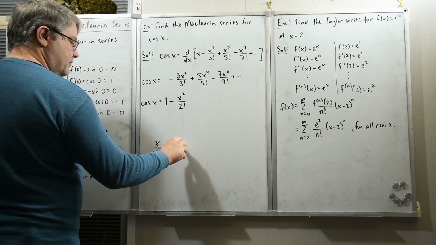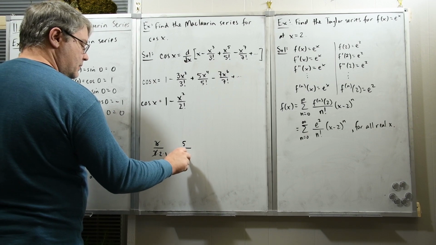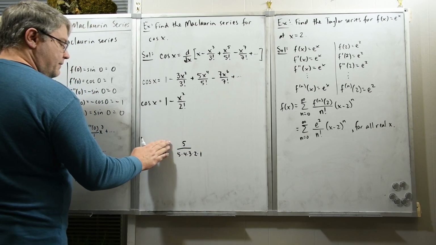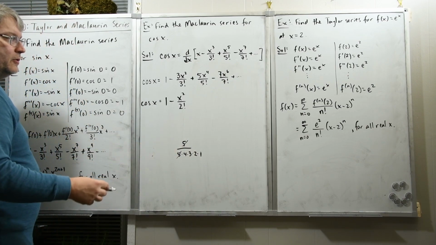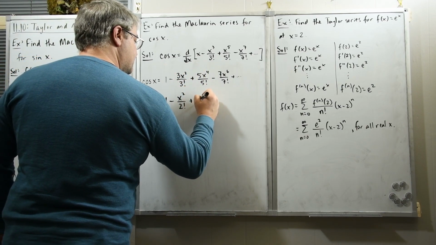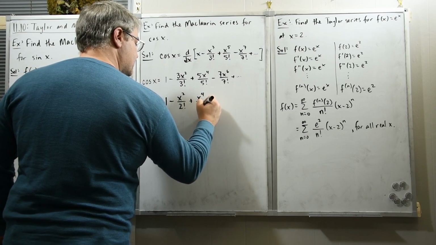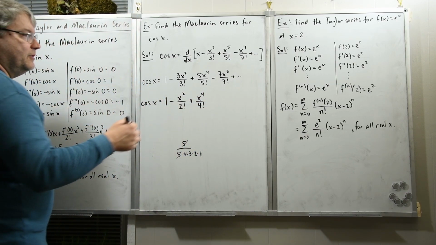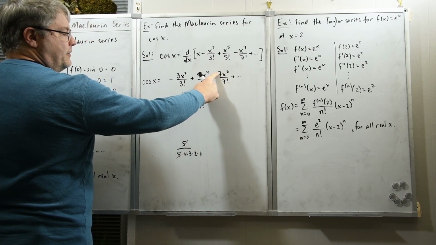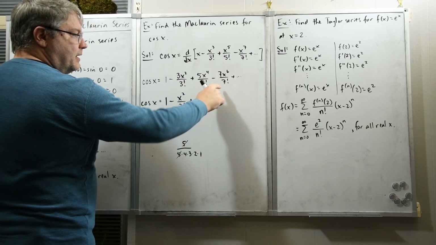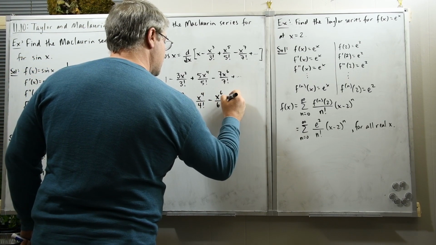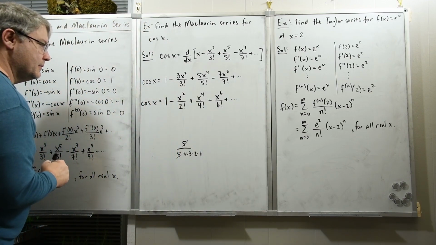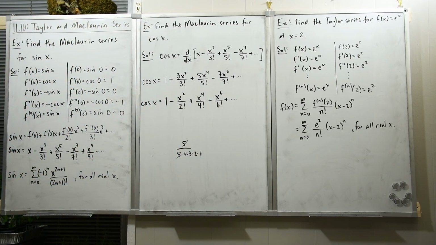Now if I take 5 over 5 factorial, the 5's will reduce out, leaving you with a 4 factorial on the bottom. So the next part you'll have x to the fourth over 4 factorial. And in a similar fashion, the 7 that you have up top will reduce with the 7 that's part of 7 factorial. And you'll have a minus x to the sixth over 6 factorial. So you get a nice representation here for cosine of x.